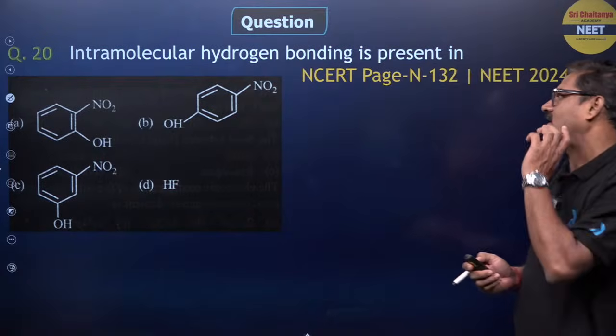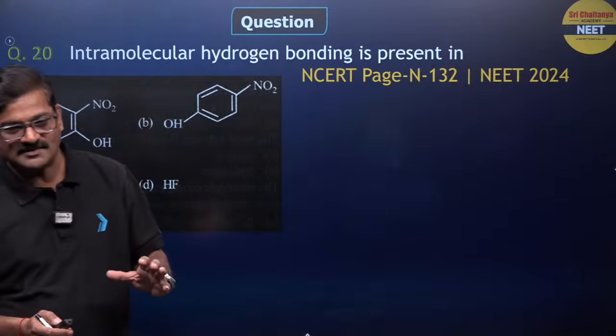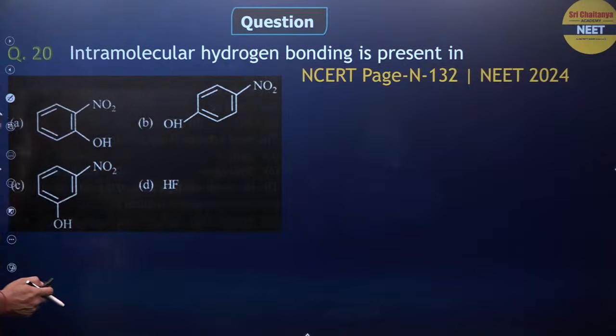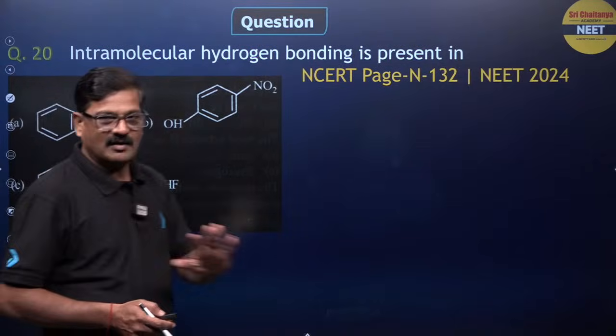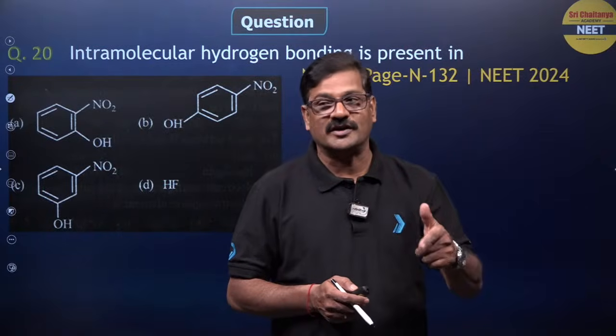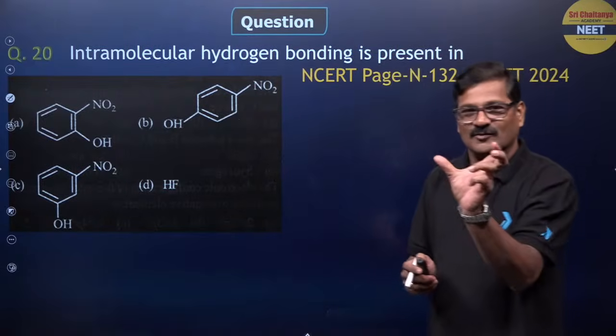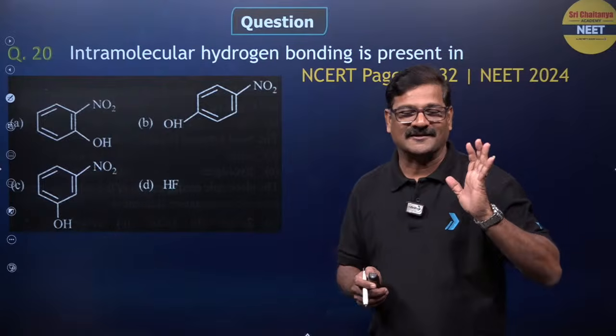Now, which has intramolecular hydrogen bonding? We know that orthonitrophenol has intramolecular hydrogen bonding, while para and metanitrophenol have intermolecular hydrogen bonding. But the structures shown here may look jumbled up.